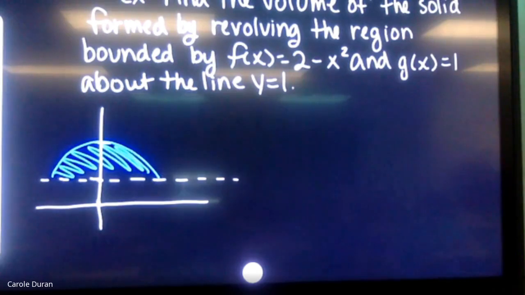Which direction is it being rotated? Horizontally, because it's being rotated around the line y equals 1, which happens to be this dotted line here. So it's going to look like a football, like the first example that we did.